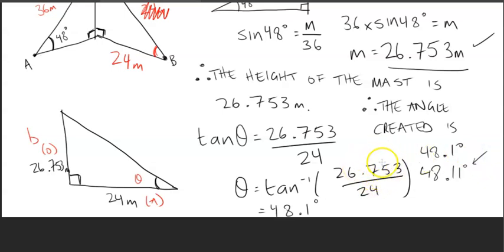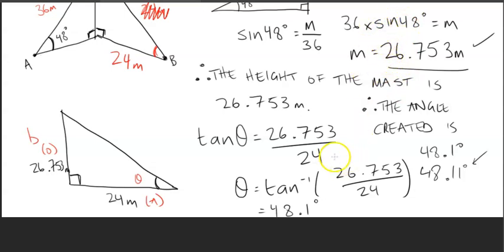And this is because they didn't use 26.753 in the inverse function of tan. They wanted to use the most precise answer because here we just rounded to 3 decimal places. And how we got that 26.753 is through this 36 times sine 48 degrees.